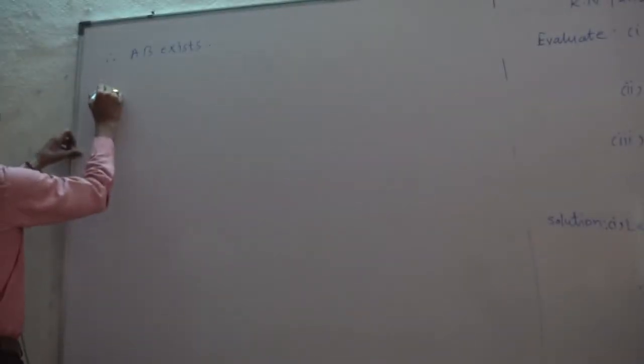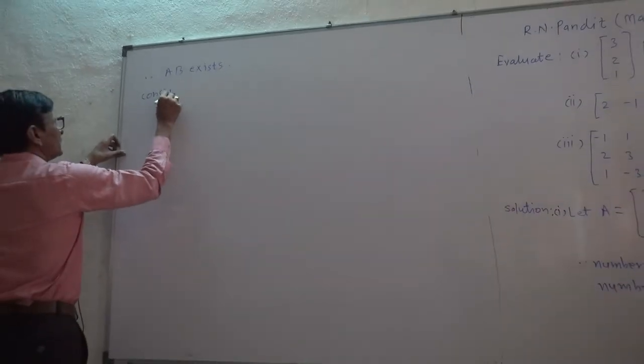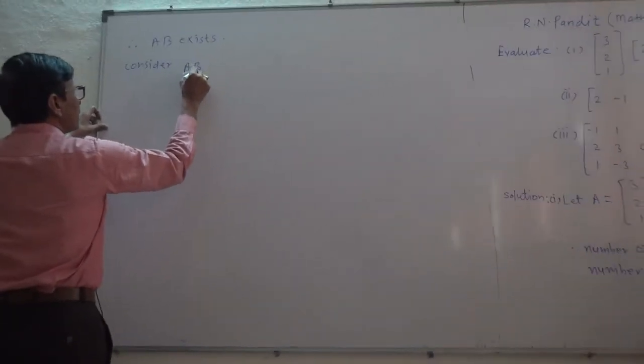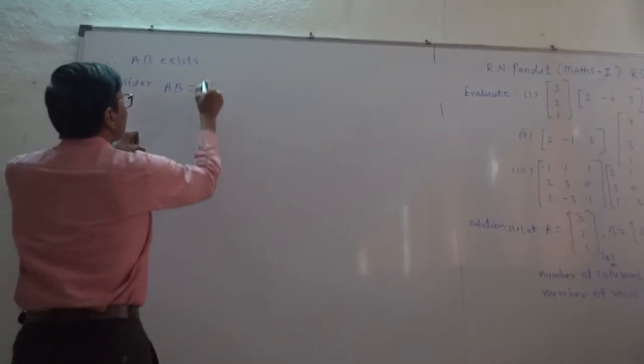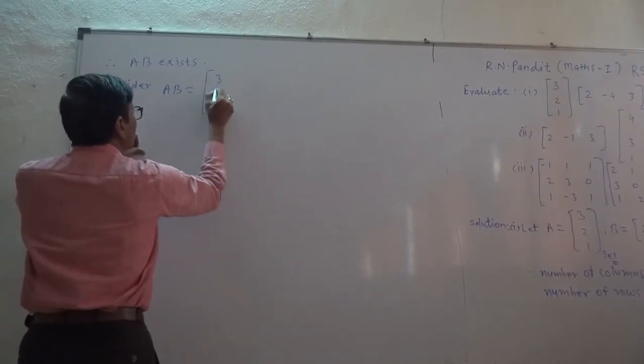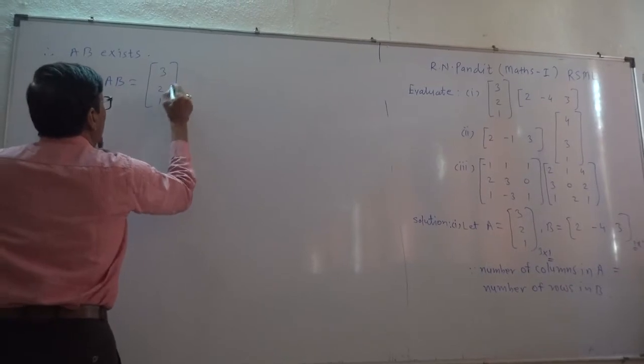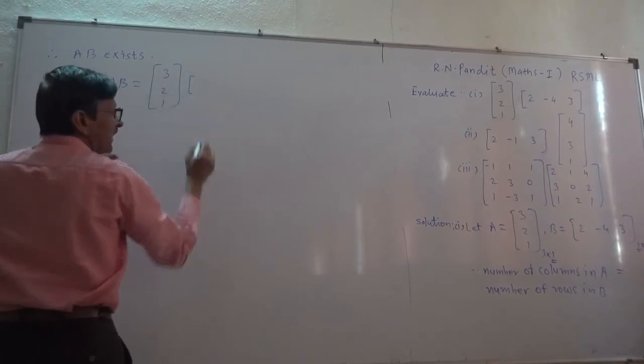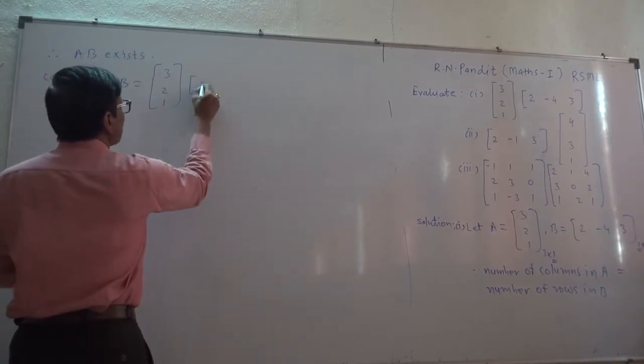Consider the product AB. What is A? A is the column matrix 3, 2, 1 and B is the row matrix 2, minus 4, 3.